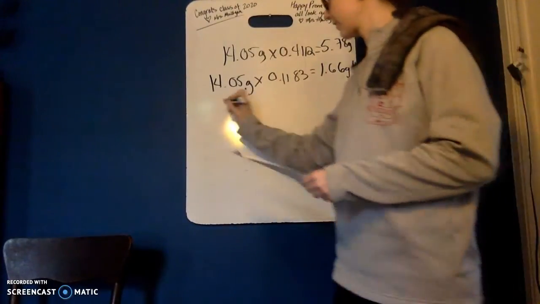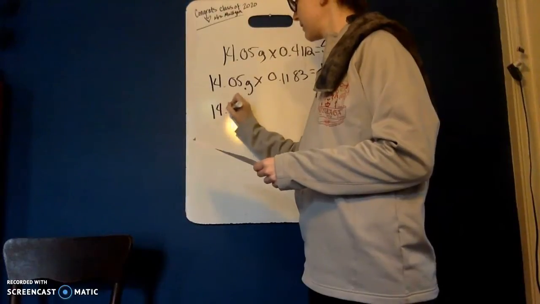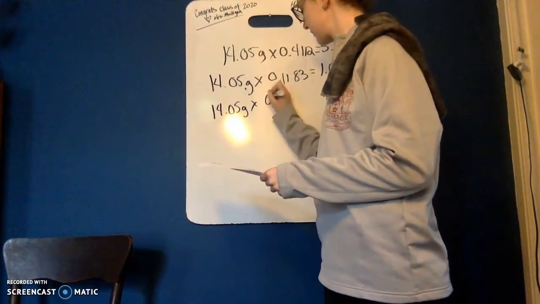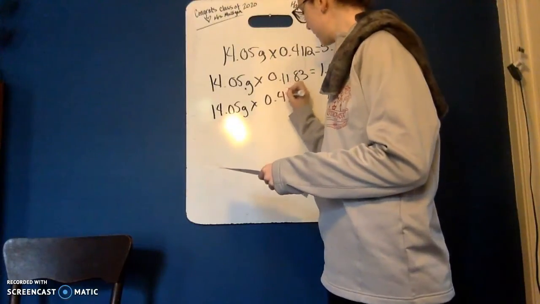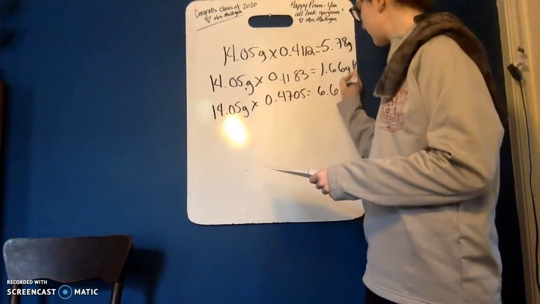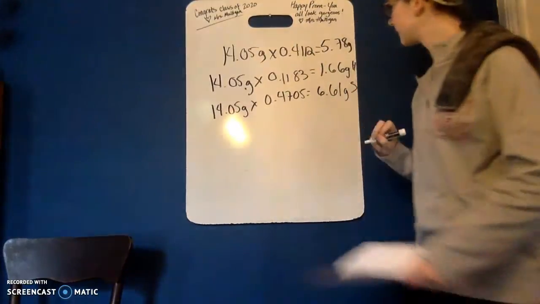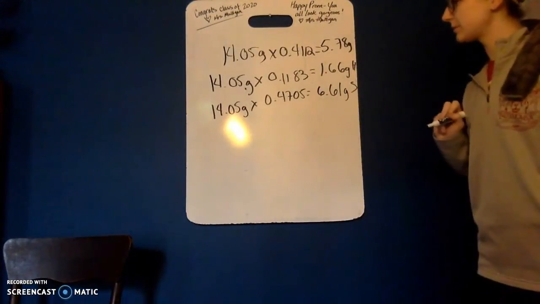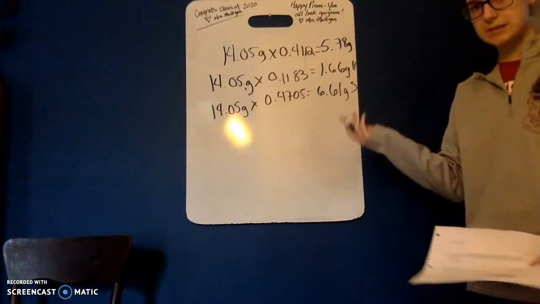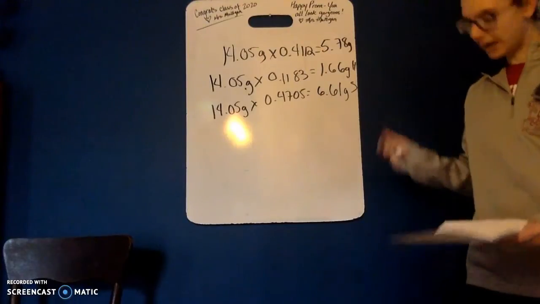And finally, for sulfur, I again take my total mass, 14.05, multiply by the percent of sulfur, which was 47.05, and I get 6.61 grams of sulfur. So again, if I add all 3 of these numbers together, I get 14.05, and that makes sense because the sample is only made of nitrogen, hydrogen, and sulfur.